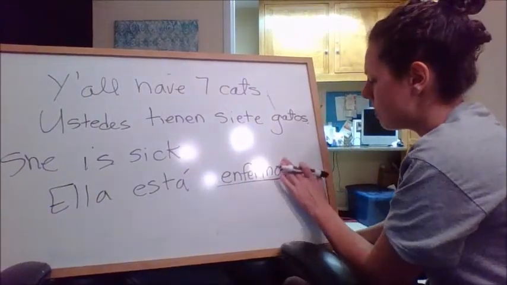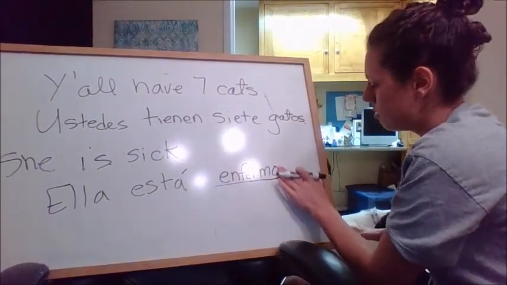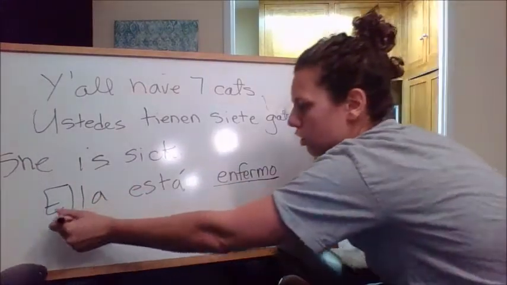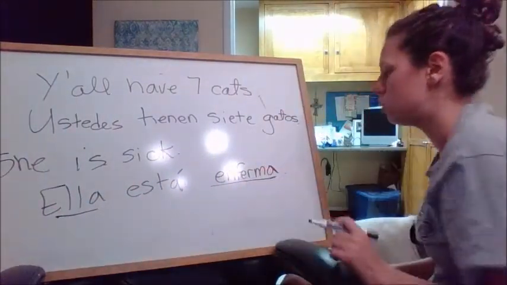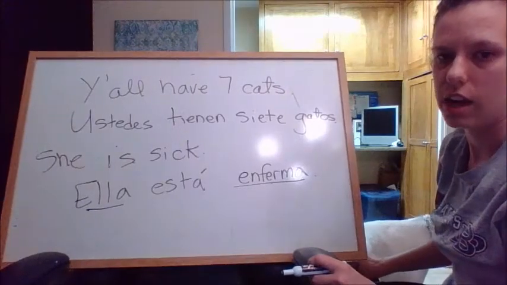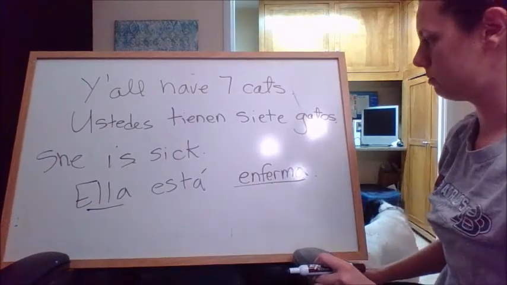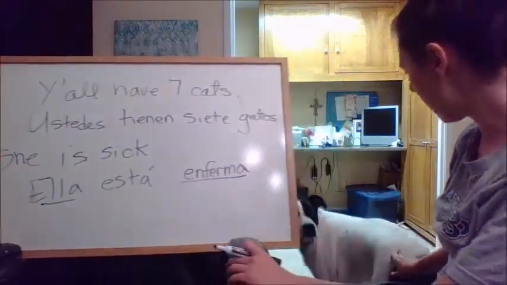Ella está, and then this is obviously not going to be plural, but because it's a girl, you have to change the O to an A. Ella está enferma. Right?